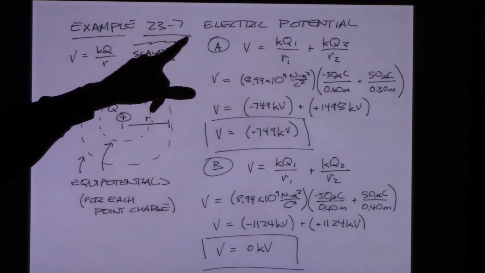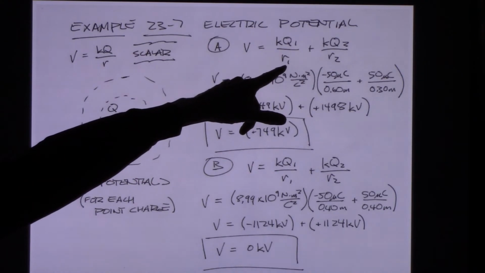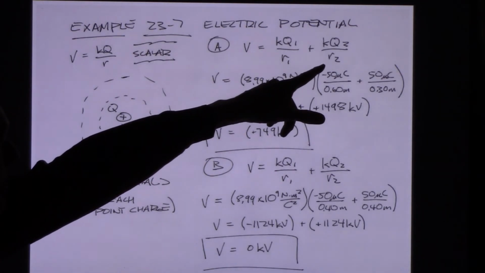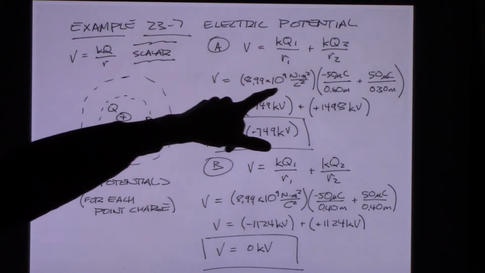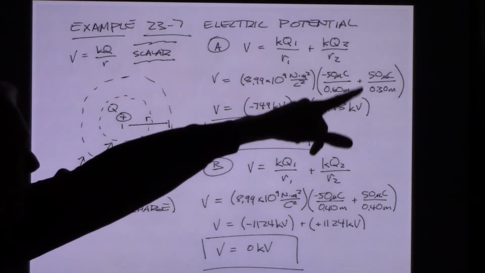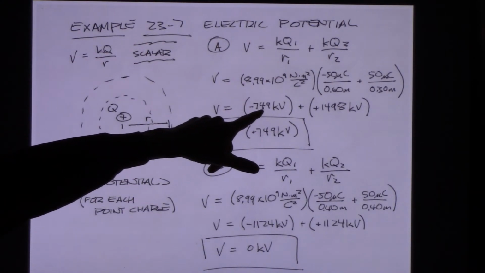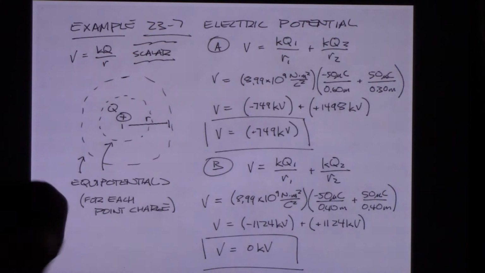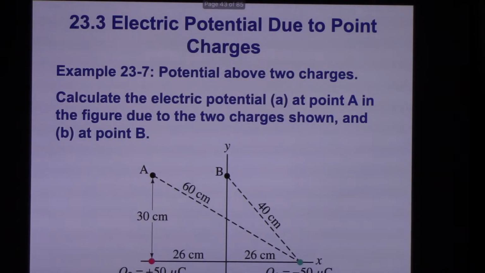So at point A, I said the overall potential will be a contribution from charge 1 and a contribution from charge 2. I factored out the common value of k, and then I just put charge over distance, charge over distance. It turns out that I was closer to the positive charge. I've got to go back and check here.